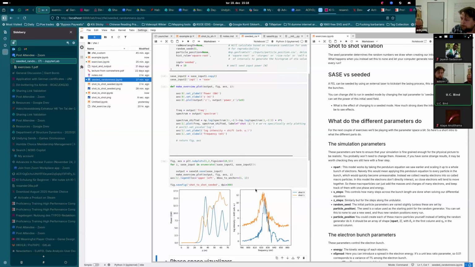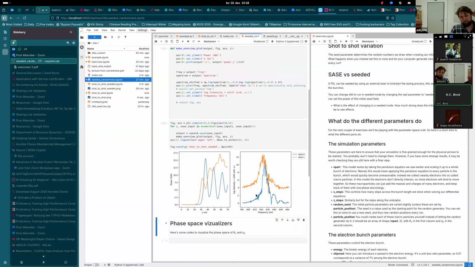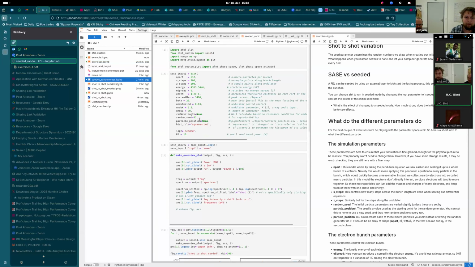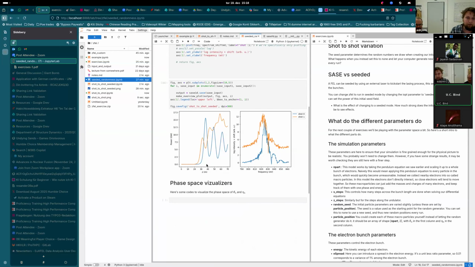One thing I quickly mentioned earlier is that they cheat a little bit, because you might notice that when we run here in seeded mode, with the same seed, the saturation point is after the SASE saturation point.